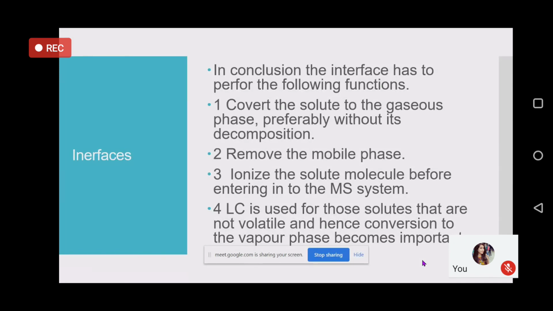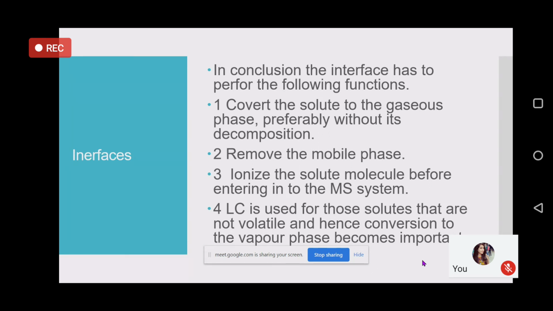When you take up the removal of the mobile phase, the mobile phase is volatile if it is normal chromatography. In the case of normal chromatography, the mobile phase is non-polar, so it will be volatile. Removal of such a mobile phase will be quite easy.